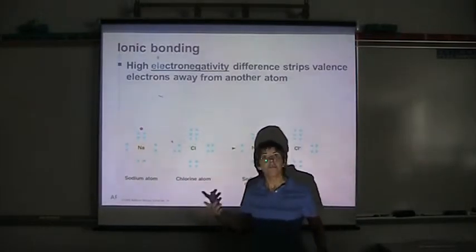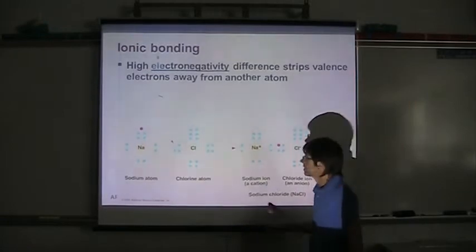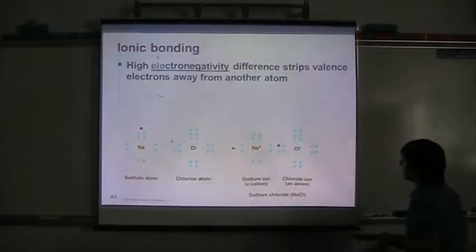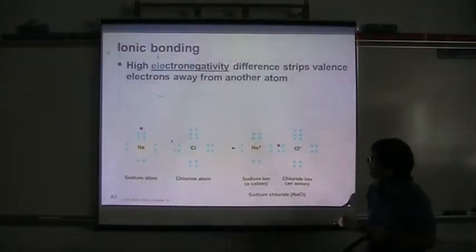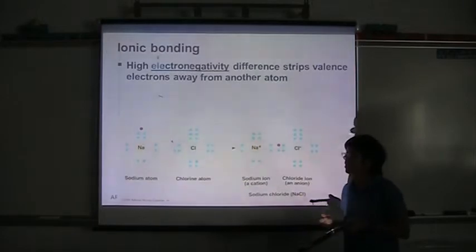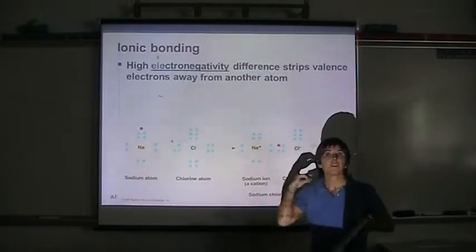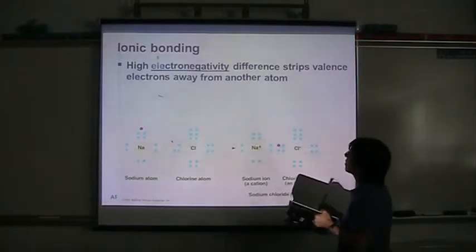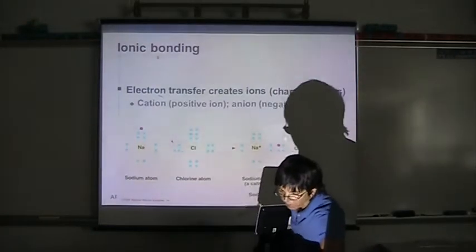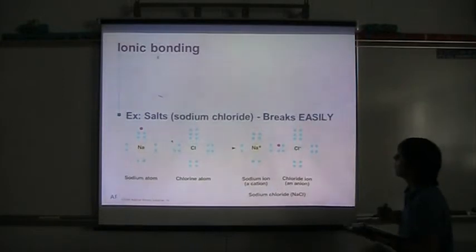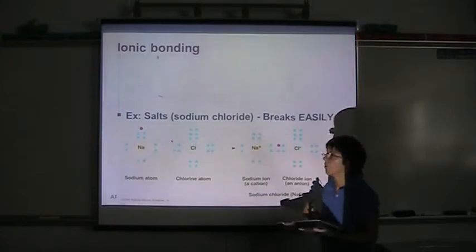Basically, I let you borrow my electron and I'm going to stick with you because I want to keep an eye on my electron. So that's how you have sodium chloride, for example, sodium and chlorine, and a lot of other compounds that are joined by ionic bonds. They work great when they are dry, but the minute you add water to this, what happens to them? They disintegrate. Alright, so please remember that in biology ionic bonds break easily because of water.